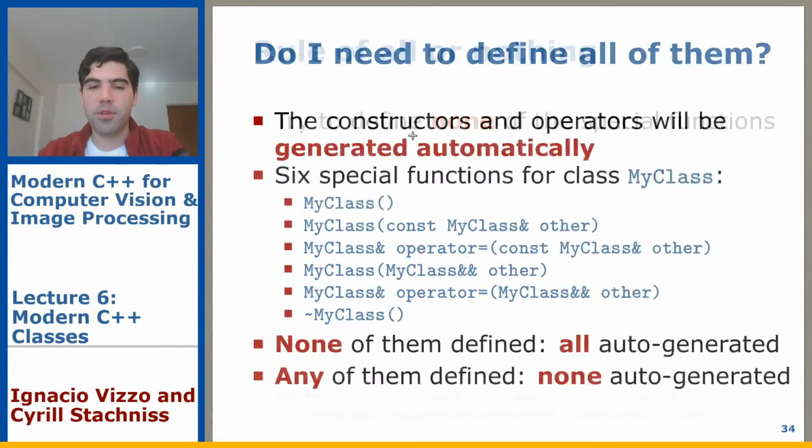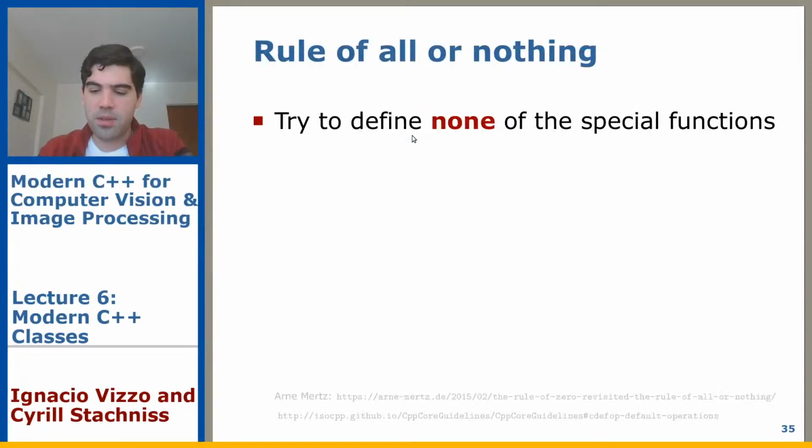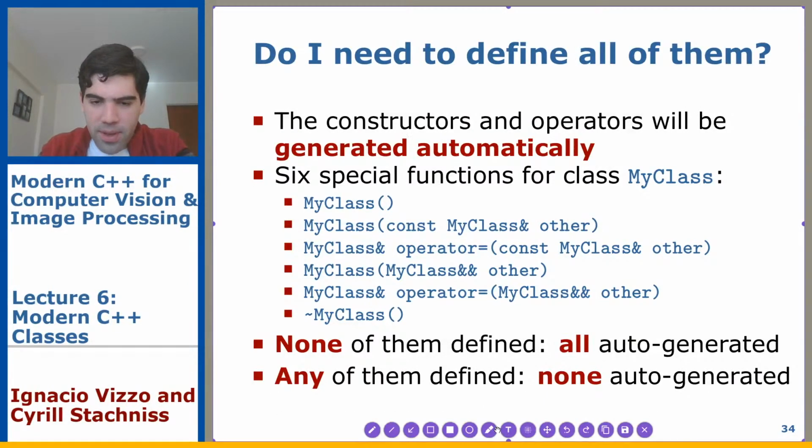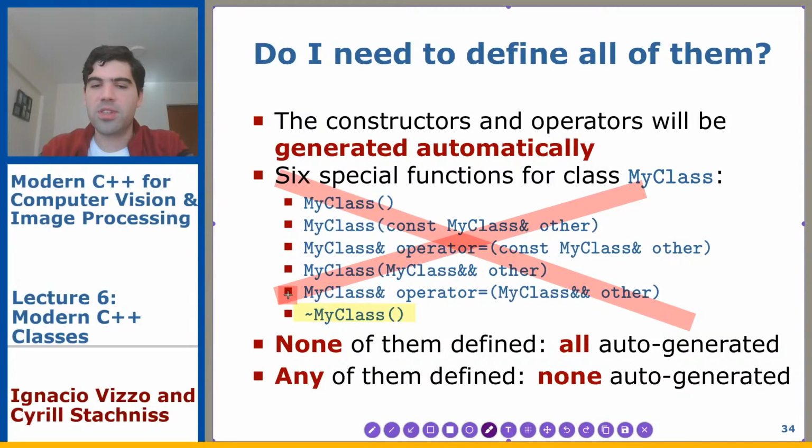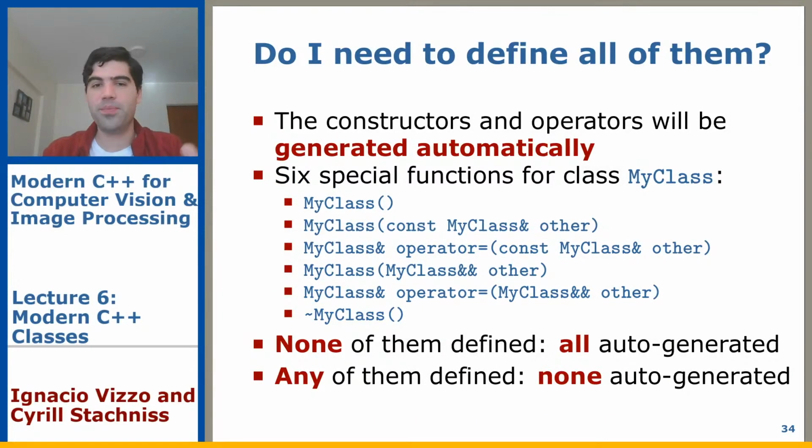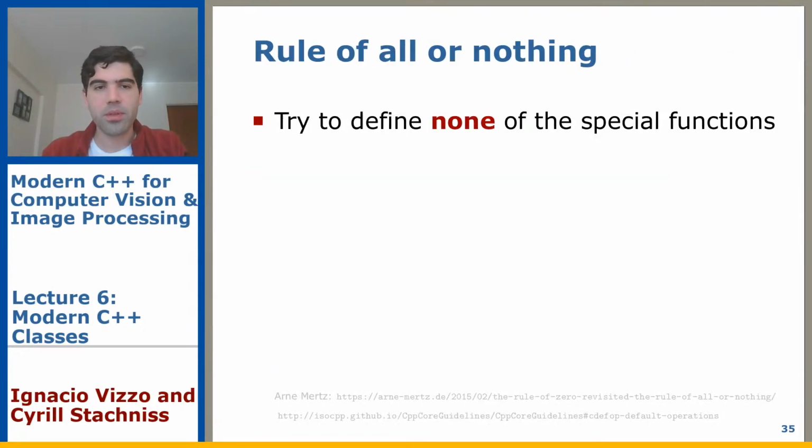So let's pretend that for some reason you say, okay, I will define the destructor. Okay, then all these 5 other functions are not defined by the compiler anymore. But if you don't define any of them, the compiler will do it for you. So the idea is that's the rule of all or nothing.